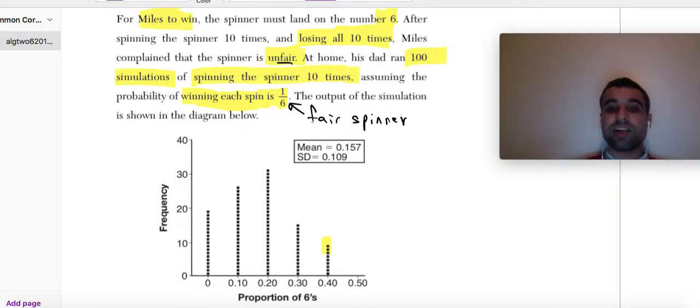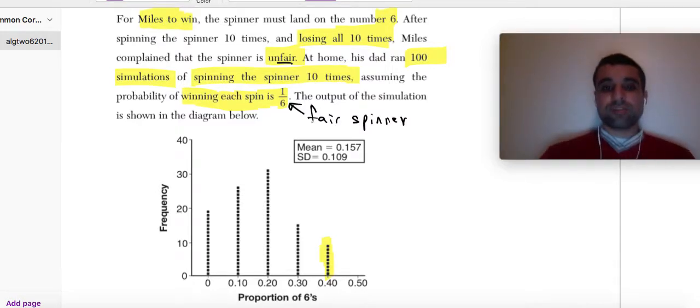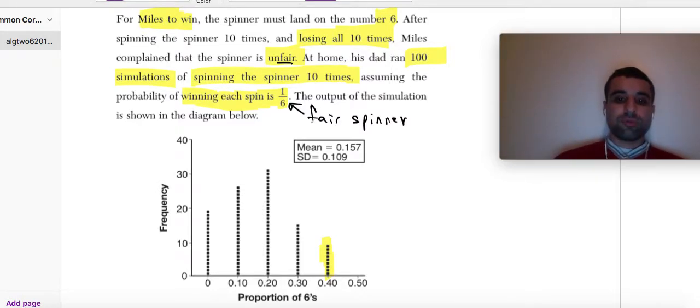When spinning 10 times, you got 4 6s, in other words. So out of 10 spins, sometimes we got 40% 6s, and sometimes we got 30, 20, 10, because remember it's 10% each. So this would mean you landed on 6 four times. It never happened more than that, which makes sense.